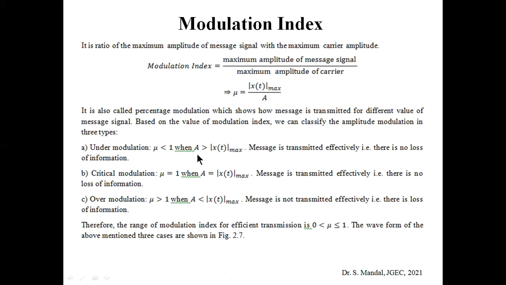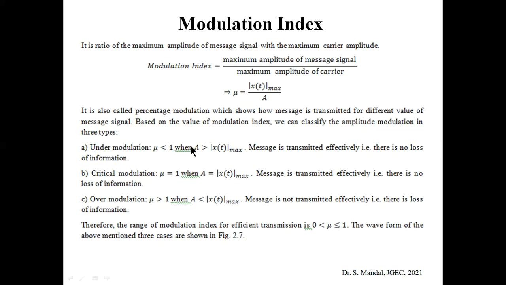Why? Because here the value of the modulation index is less than 1. And when will this value be less than 1? When A is greater than x(t) max, that means the amplitude of the carrier is greater than x(t) max. That is the most conventional case we already mentioned in the DSBFC analysis.